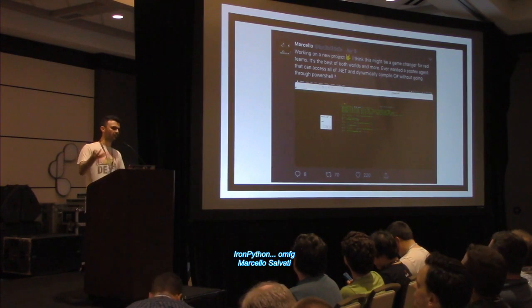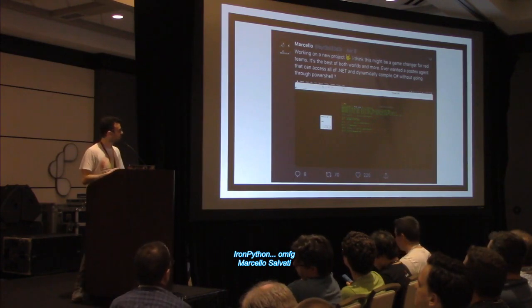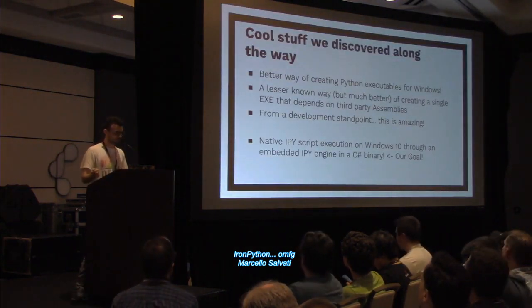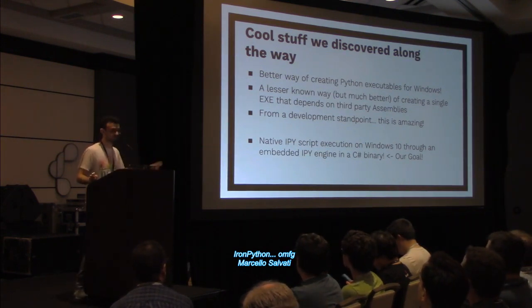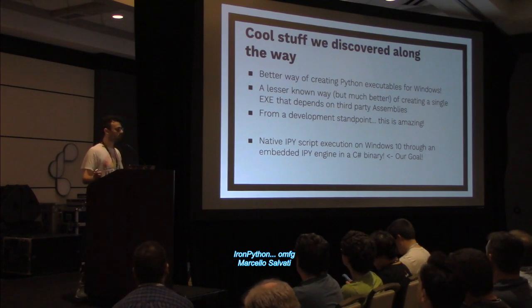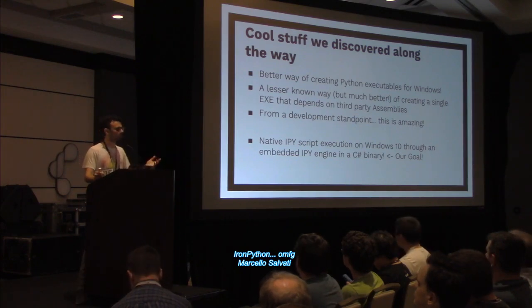So now we accomplished our goal. We have native execution of IronPython scripts on a Windows machine, with access to the entirety of .NET, and we've discovered some cool stuff along the way. We found a better way of creating Python executables for Windows, period, because this method is just straight up better than PyInstaller or Py2Exe.